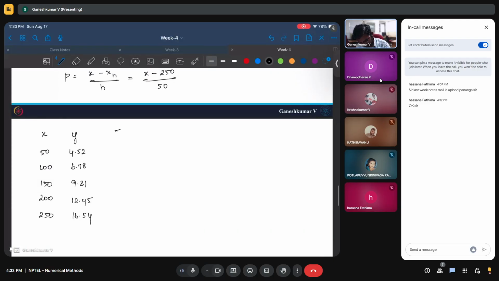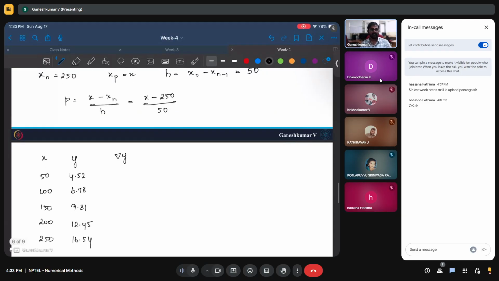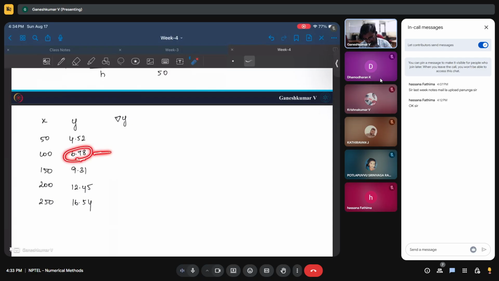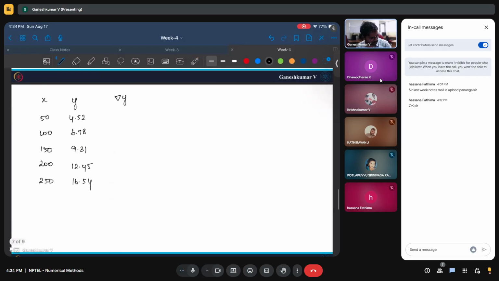So now we need to find nabla y. Here it's a backward difference. For the first x and y, we do not have any preceding value, so this place will be empty. Now for the second one, the present value minus the preceding value is your nabla y.